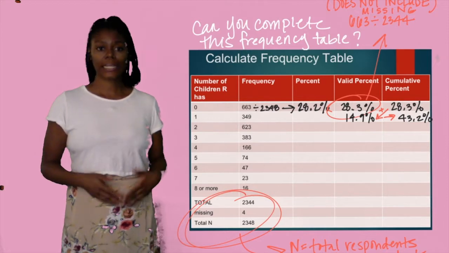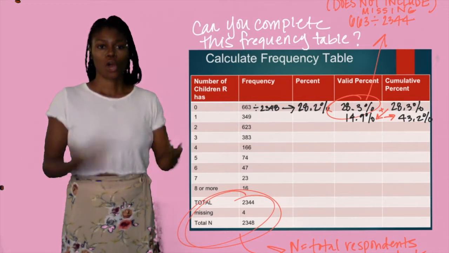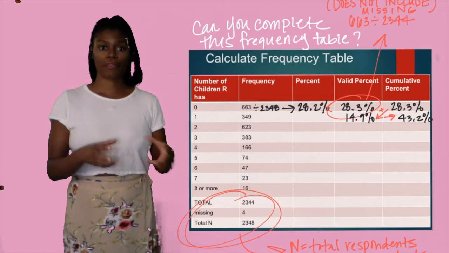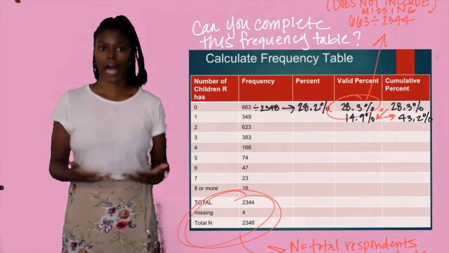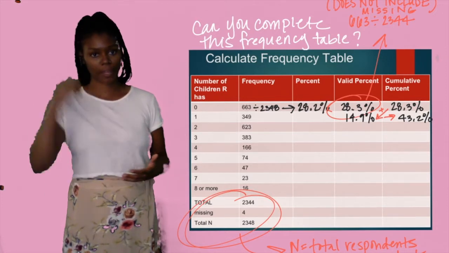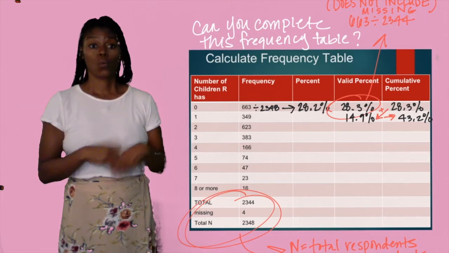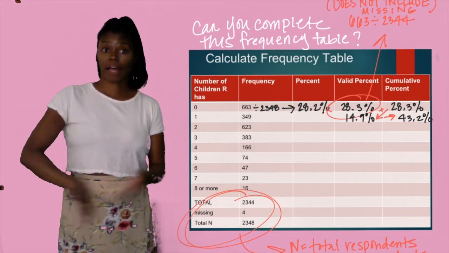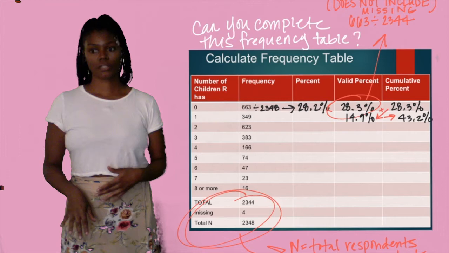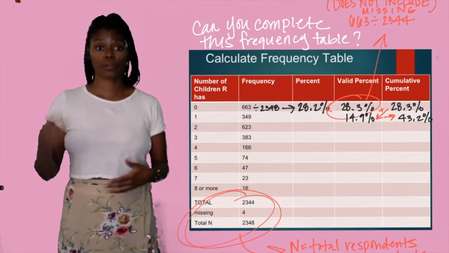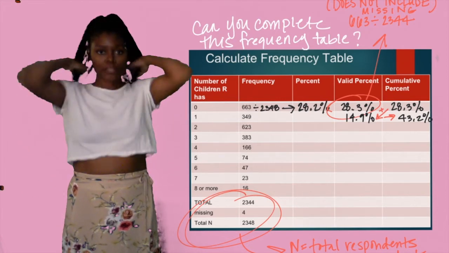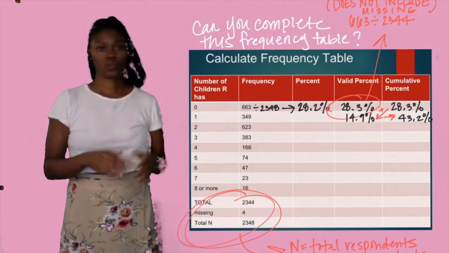And generally, when we're doing social science research, we don't care about the missing values, unless there are a lot, in which case it's probably telling you something about your survey. But we don't want those values messing with our calculations of things like mean, median, and mode, those measures of central tendency. And so what we do is we get rid of them.